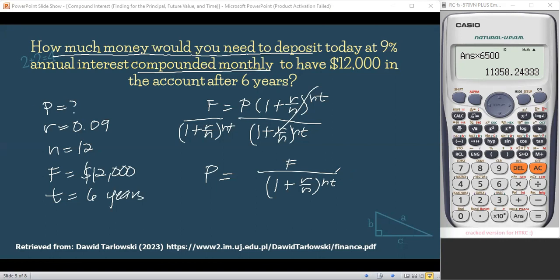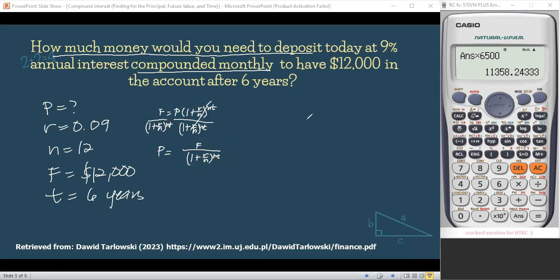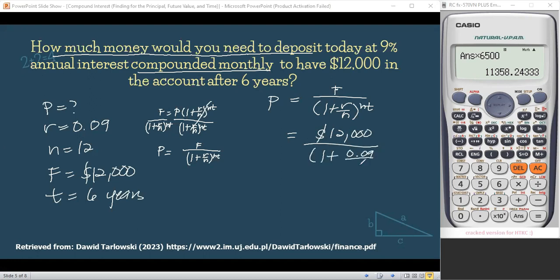So, ito na po, my dear students, yung gagamitin nating formula once na ang hinahanap po natin is the present or the principal po. So again, we have P is equal to F all over 1 plus R over N raised to NT. So our F po, that is $12,000 all over 1 plus 0.09 all over 12 raised to 12 times 6.